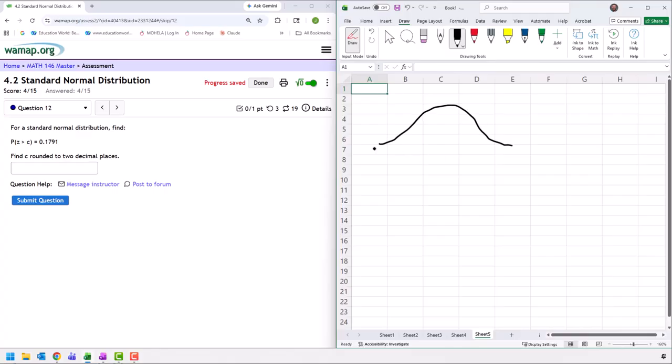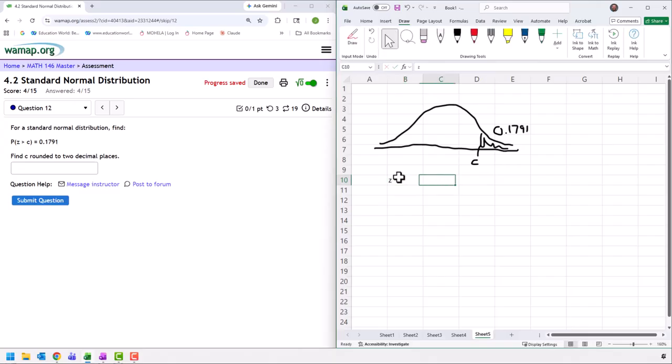Actually not terrible for this guy. Anyway, so I've got Z is greater than C is 0.1791. So now I got a C over here, and this area is 0.1791. Pretty rough using the mouse there, but I'm kind of expecting you to do it, so it's okay.